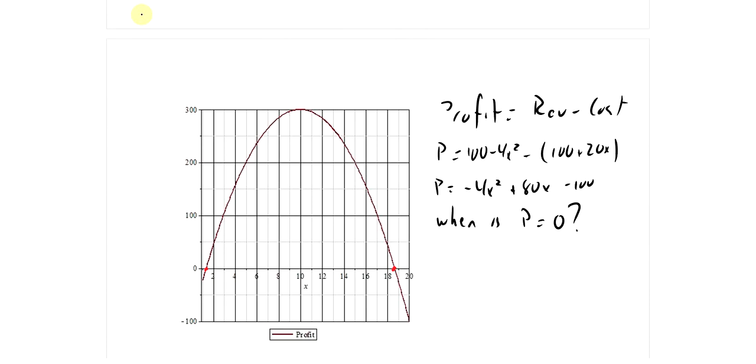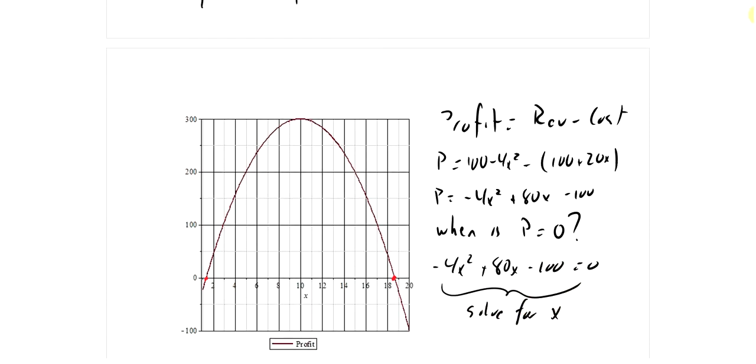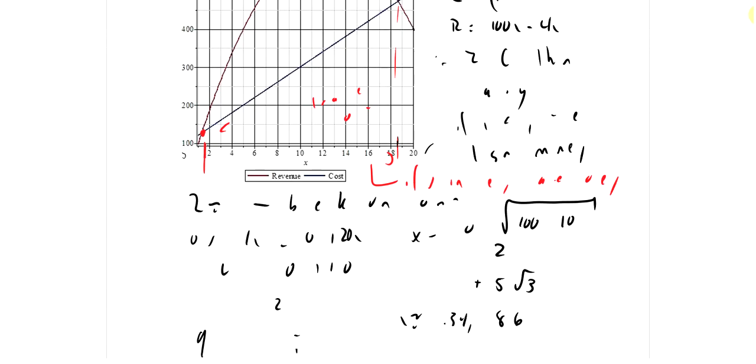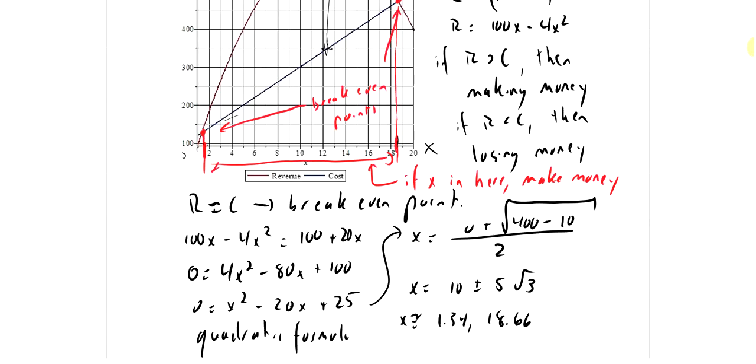Profit equals 0. What does that mean? Minus 4x squared plus 80x minus 100 equals 0. Solve for x. But this, profit equals 0, is, hopefully not a surprise, the same equation as this.